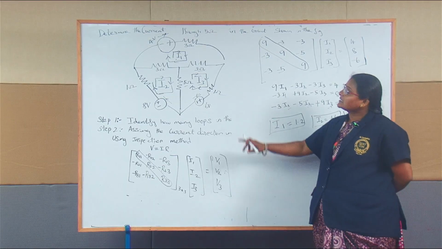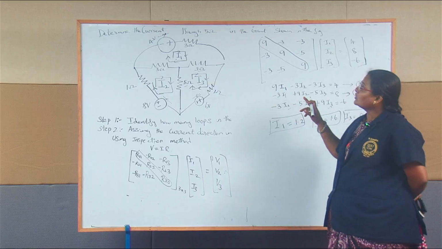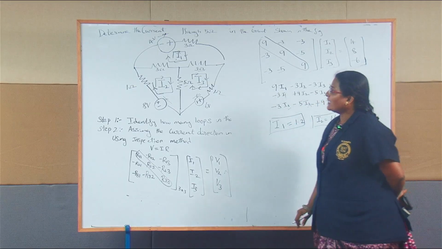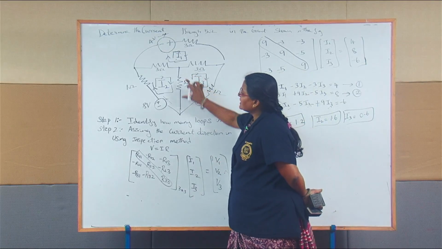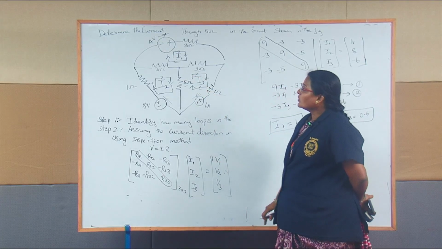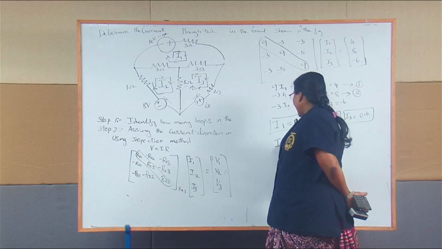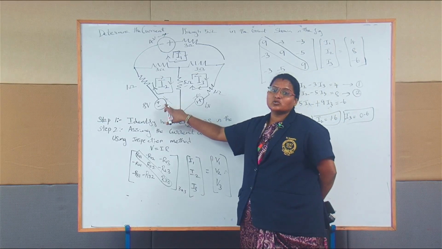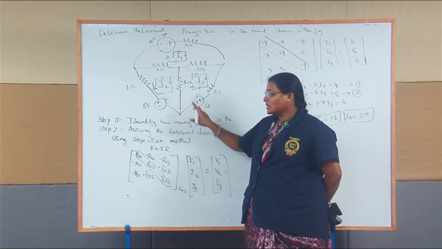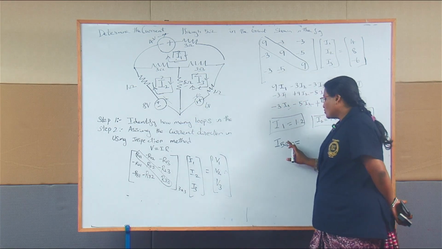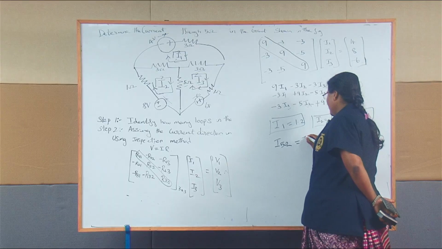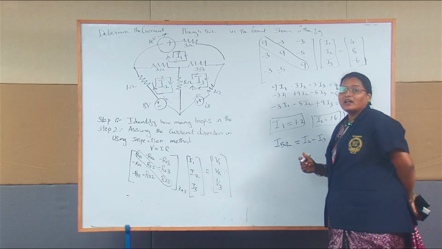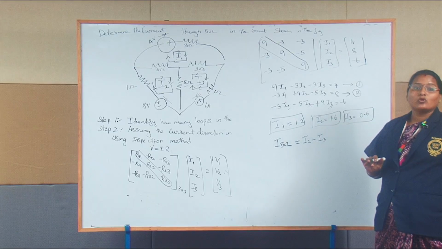But the question is to determine the current flowing through the 5 ohm resistor in the circuit. The 5 ohm resistor is present here, right? So you can find out I5 ohms. You know your loop current I2 and your loop current I3. So the current flowing through the 5 ohm resistor, you can write I2 minus I3 or you can write I3 minus I2 also.